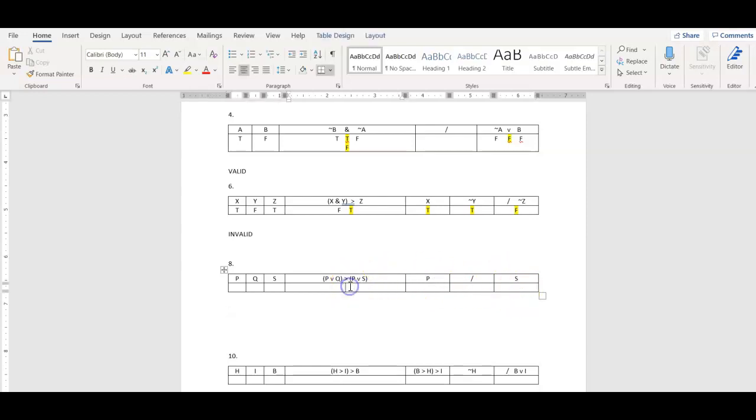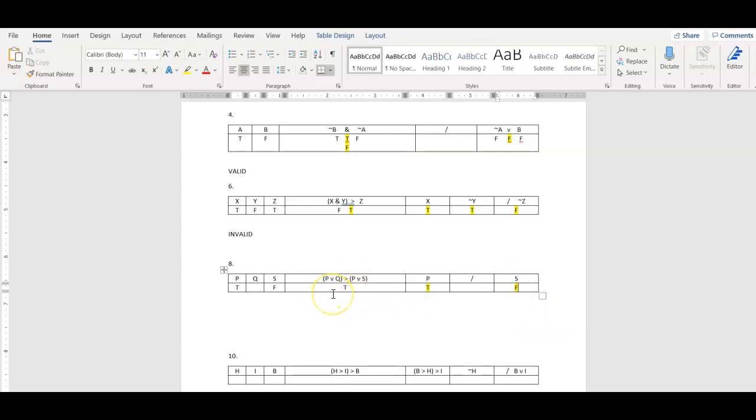And again, we're looking for values that would make the premises come out true and the conclusion come out false. The only way S comes out false is if S is false. The only way P comes out true is if P is true. So by setting those values, we get 2/3 of what we need. We get 1 true premise and a false conclusion.